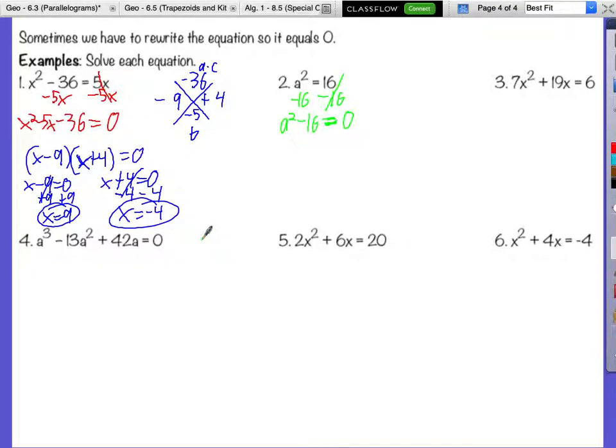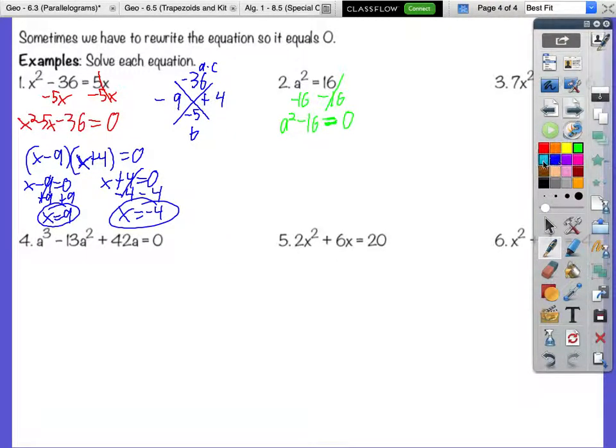Alright, attention up here. We want to look to factor to create the multiplication that we need. So we look for a GCF. Do we have one? No. How many terms do we have? 2. So what do we look for with 2 terms? Difference of 2 squares. Is a squared a perfect square? Yeah. What's the square root? a. Is 16 a perfect square?